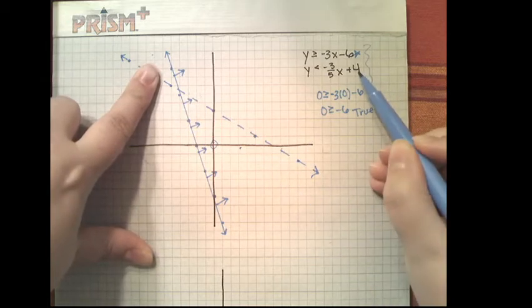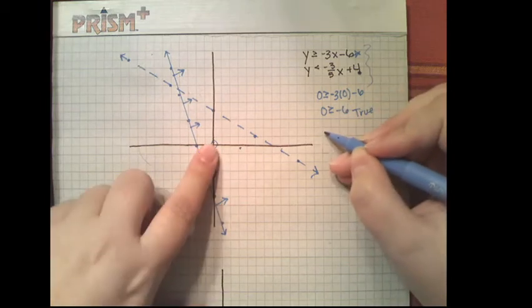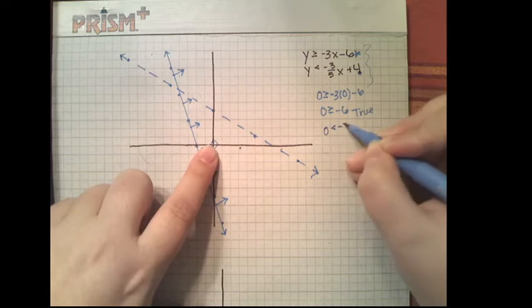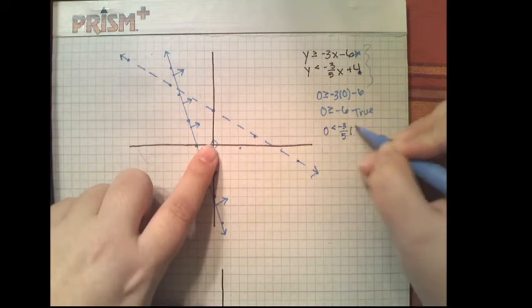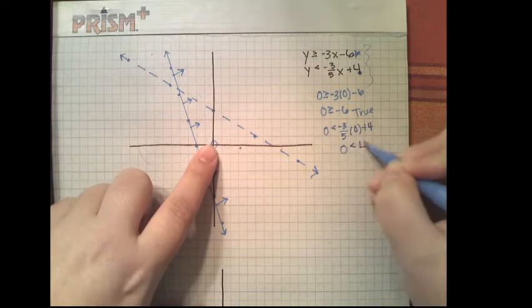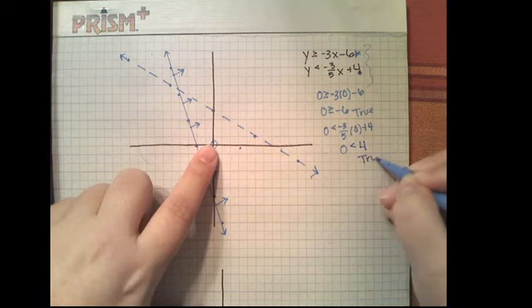So we're going to use our second inequality to figure that out. Again, we can use the same point, 0, 0. We have 0 is less than -3/5 times 0 plus 4. Simplifies down to 0 is less than 4. Well, that also is a true statement.